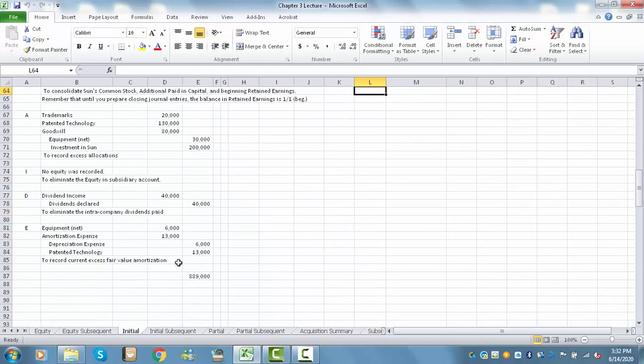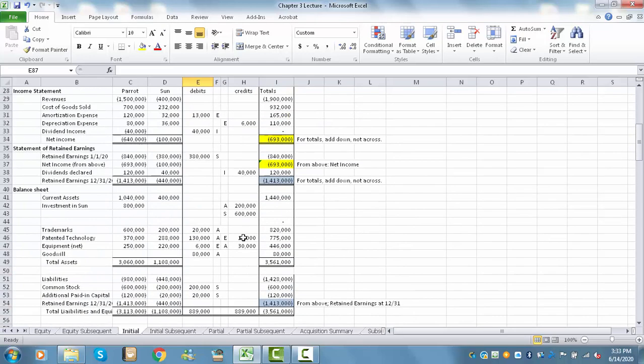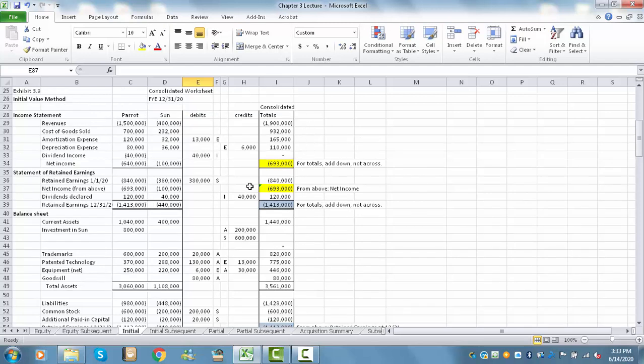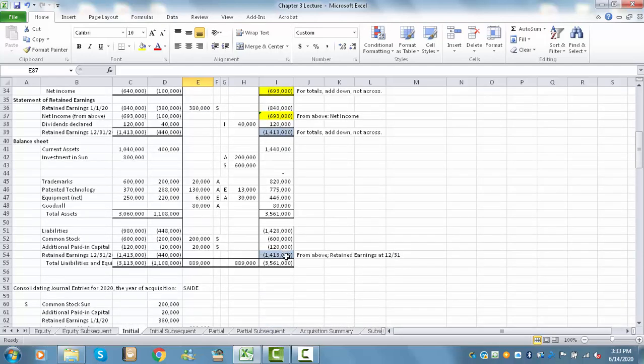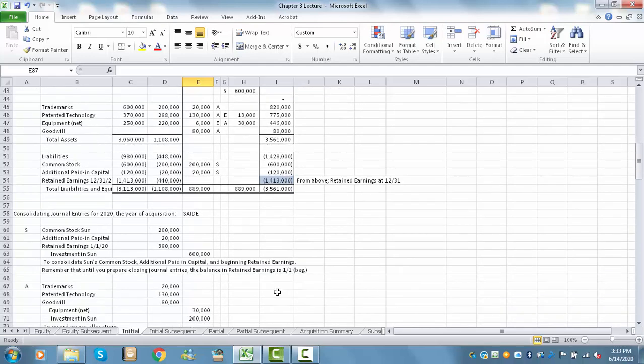And we put in the excess amortization. That was a check figure for me. We put in the excess amortization that needs to be put in, and we pull our numbers across. We acknowledge that net income goes to the statement of retained earnings. The ending retained earnings balance goes to the balance sheet.